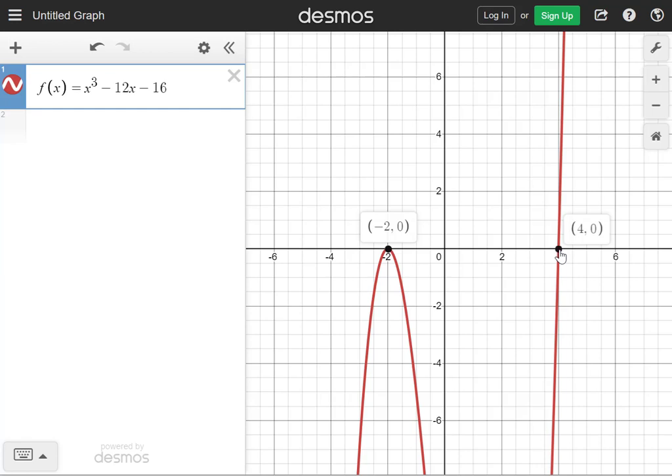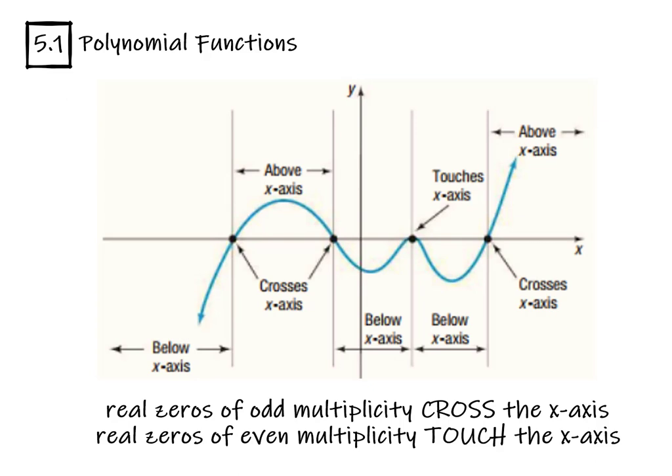And you can see, even though it touches the x-axis at these values, it doesn't behave the same way, and that's because of the multiplicities. So we have the behavior of the graph in relationship to real zeros of even and odd multiplicity. I just want to point out that when this crosses the x-axis, that is an odd multiplicity.